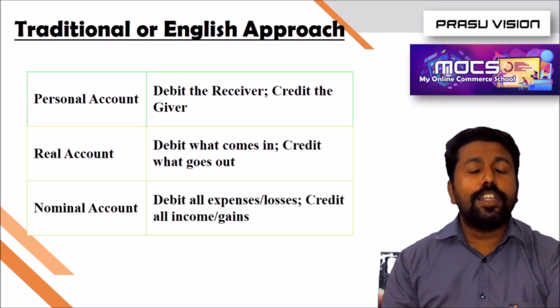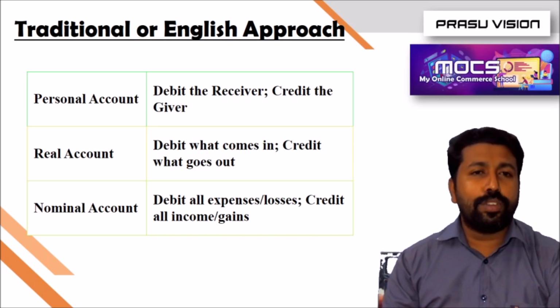And real account, debit what comes in. Whatever assets are coming into the organization, we have to debit. And whatever is going out of the organization, especially liability, we have to credit. So debit what comes in, credit what goes out. Nominal account, debit all expenses and losses. So we have to record on the debit side every time whatever the expenses and losses are.